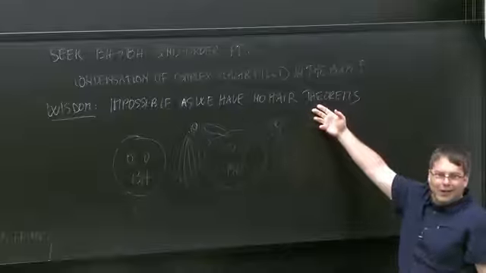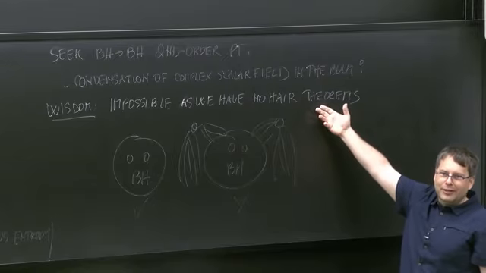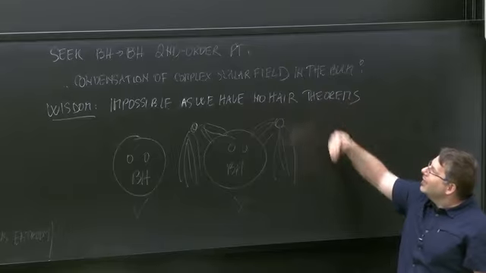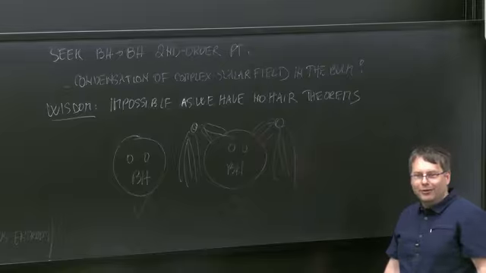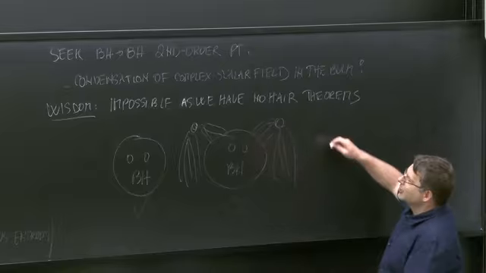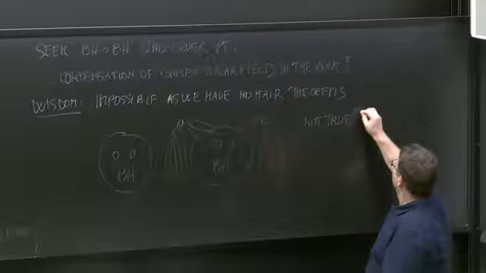But people didn't care about AdS black holes, right? Because, well, who cares about AdS black holes? But nevertheless, in AdS, this is possible. You can have scalar condensate in AdS black holes, and so this is actually not true for AdS black holes.